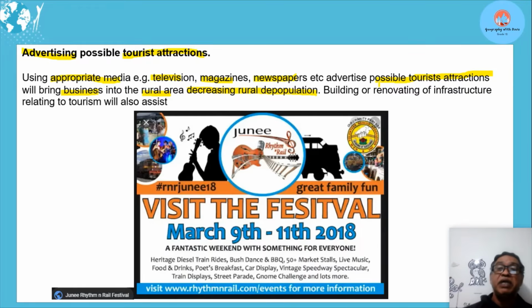All right, building and renovating infrastructure relating to tourism will assist. You can advertise them. Whoa, we have lovely networks. And I think this can be a solution on its own if you build better infrastructure. People don't want to travel through areas, unless you're rich and you've got those massive 4x4s and SUVs, and you can travel on gravel roads.